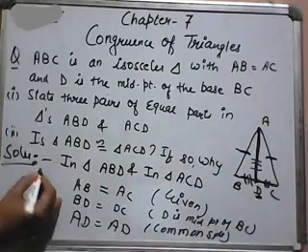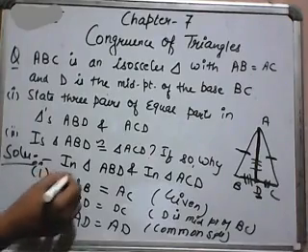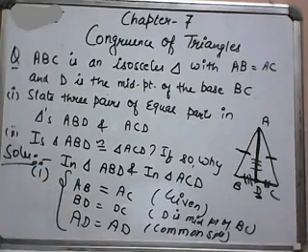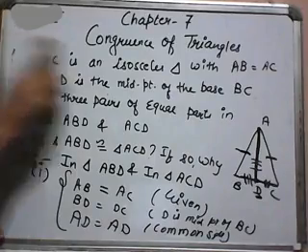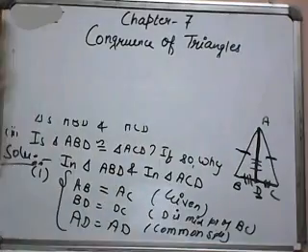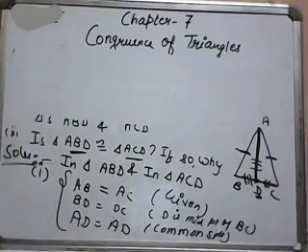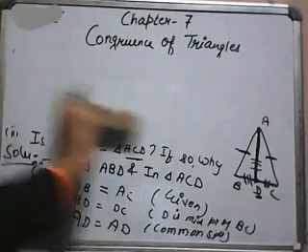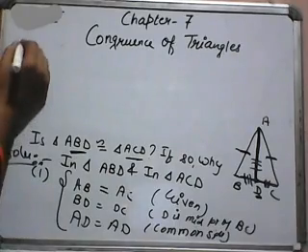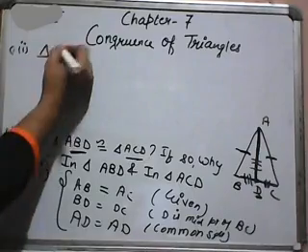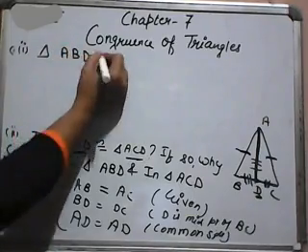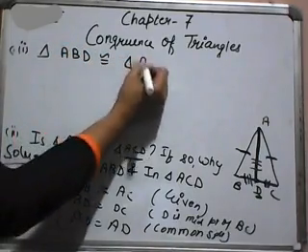For the first part, you have to find out the three pairs. These are the three pairs of equal parts in both triangles ABD and ACD. In the second part, you have to check whether triangle ABD and ACD are congruent or not. Yes, triangle ABD is congruent to triangle ACD.